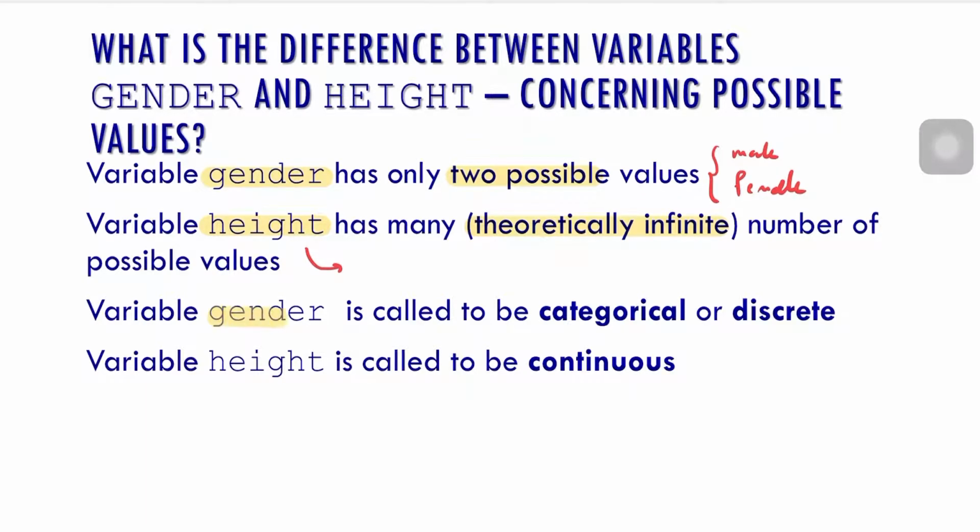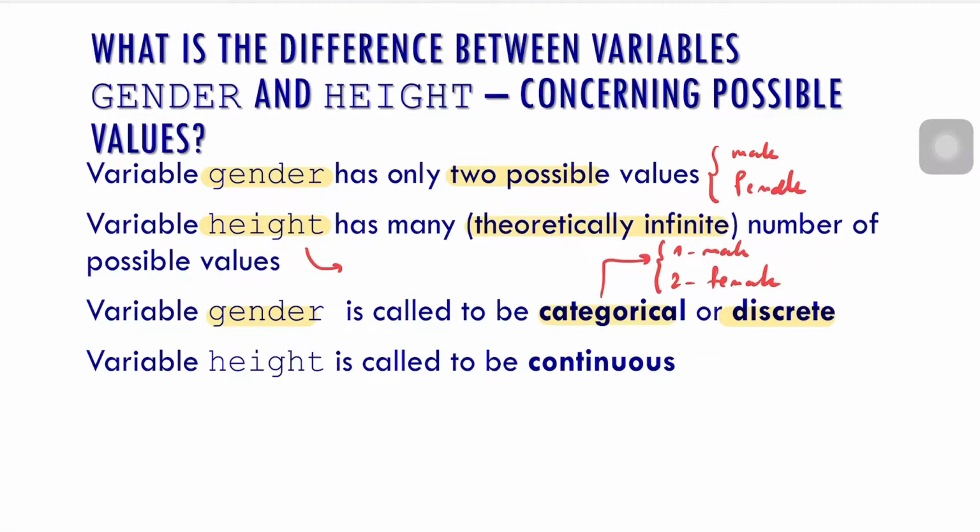Then we can say gender is categorical or discrete because it shows two categories. The first category is male, and the second category is female.